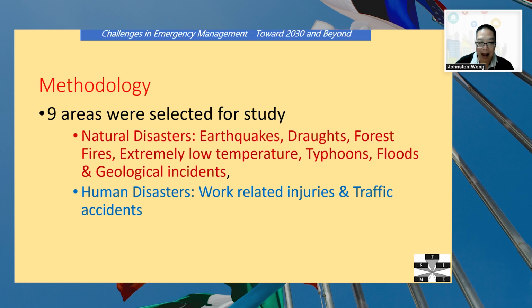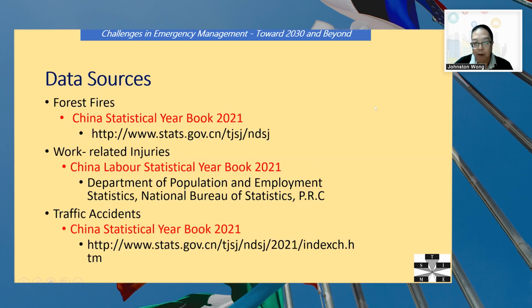It is a good balance, I think, because we cover 2 types of disasters. Indeed, human disaster is getting more and more serious. In terms of life losses and property losses, human disasters are equally devastating as natural disasters. We collected this data only from official statistical books published by the government, so all the data are official data.